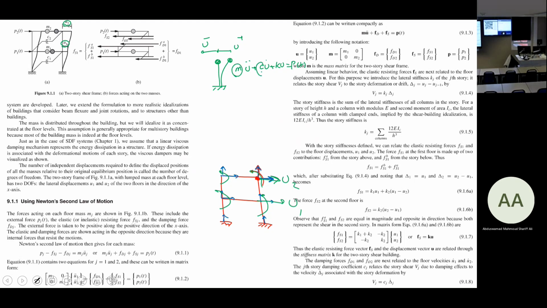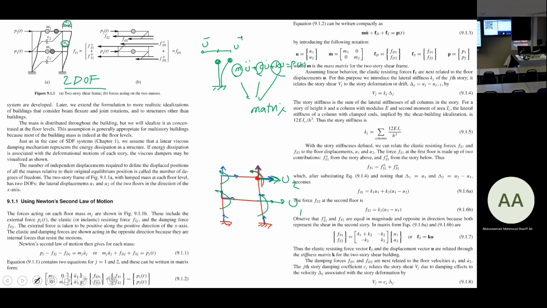These M, C, and K are matrices, and the matrix dimension is exactly the same as the number of degrees of freedom in the structure. For example, here we have 2 by 2. It has 2 degrees of freedom, as we set in the assumptions. So the M matrix, C matrix, and K matrix are 2 by 2 matrices, right?